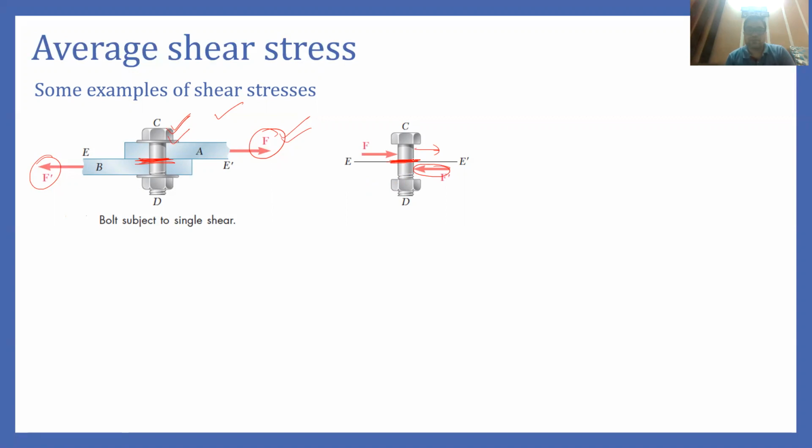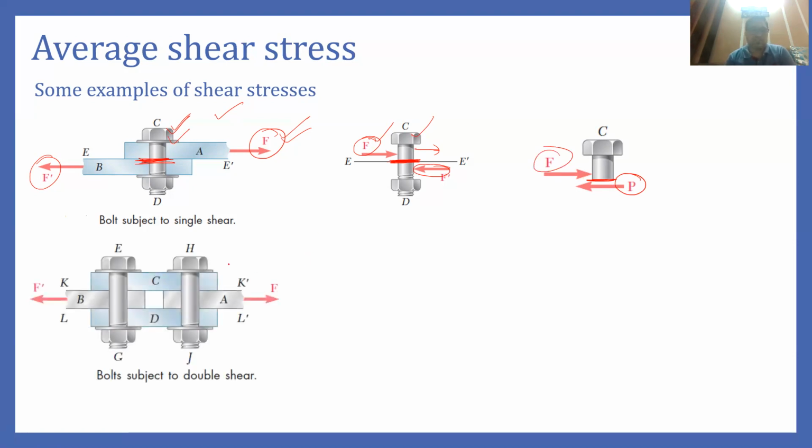The force is acting at this cross section, and as you can see, this force is parallel to this cross section. So force F will be considered as shear force for this bolt because it will be breaking at EE. Here the shear force at the point where it will be breaking is termed as P, which is equivalent to F.